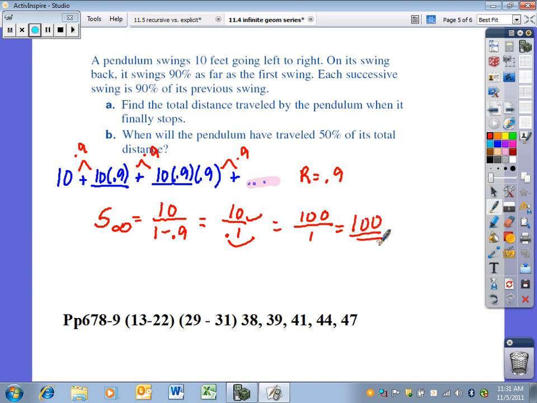My sum will converge to 100 feet that the pendulum will reach in its consecutive swings. Now you should be able to try some problems on your own.